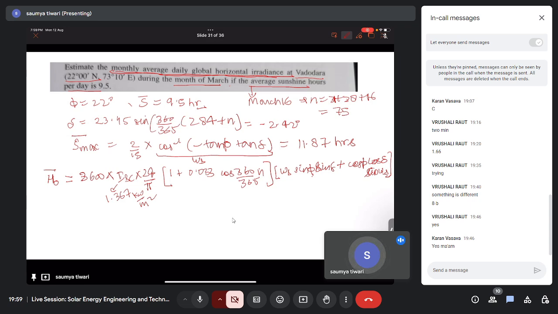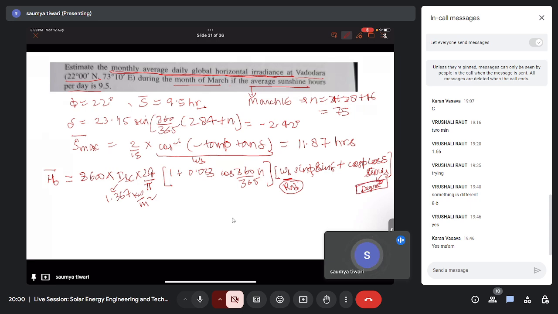Note that while solving this question, what is the unit of omega s, and the omega s value that we put into sine omega s? Here this omega s will be in radian, but if you put it into this sine term, it should be in degree. I'm telling you where people usually make mistakes.